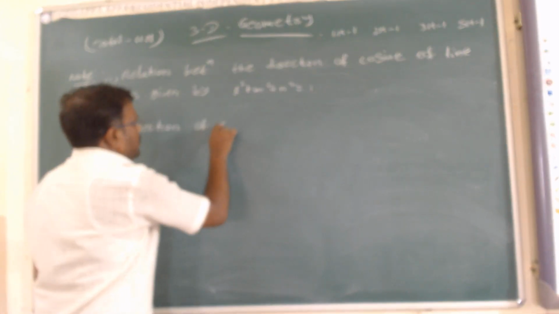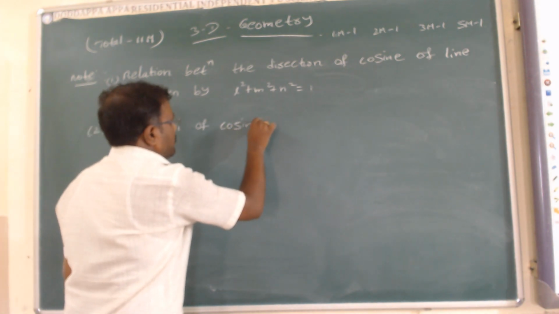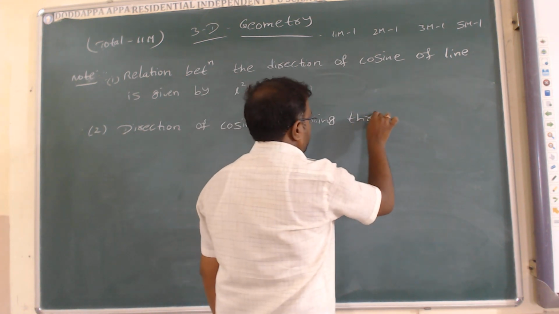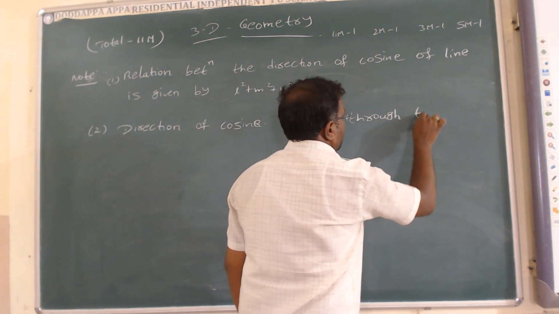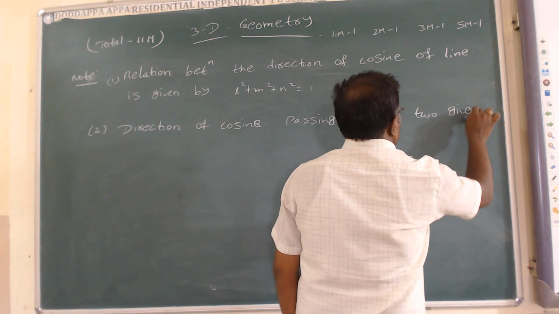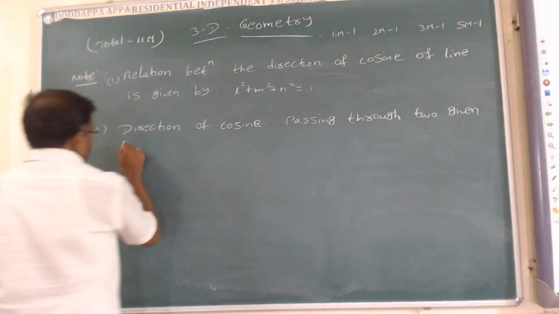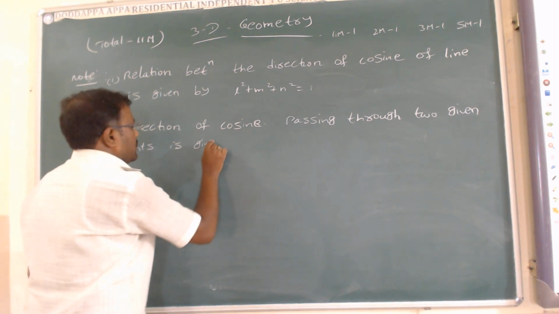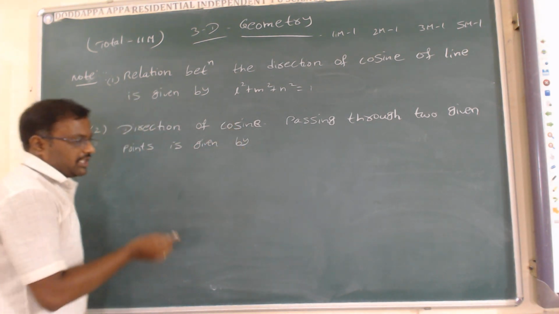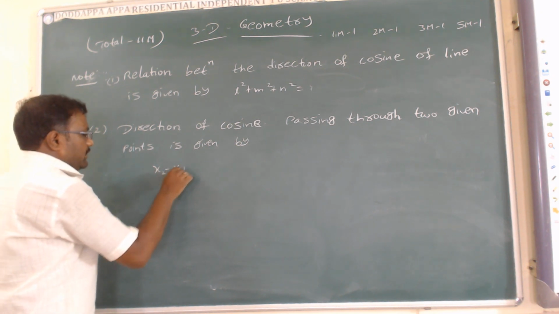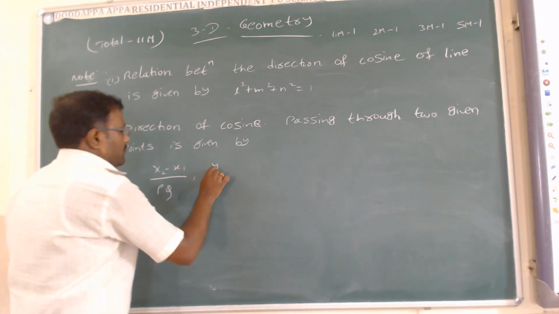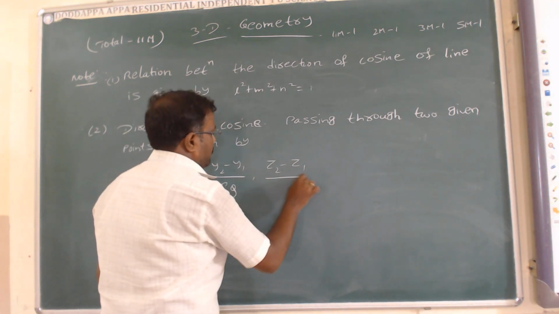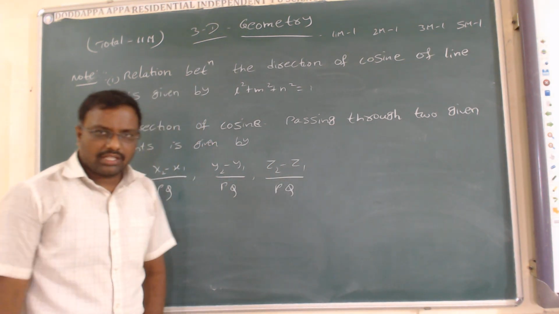direction of cosine passing through two given points is given by x2 minus x1 divided by pq, y2 minus y1 divided by pq, and z2 minus z1 divided by pq, right?